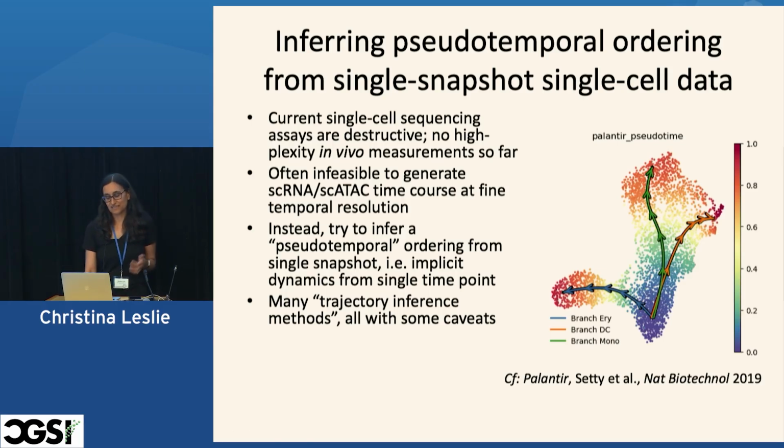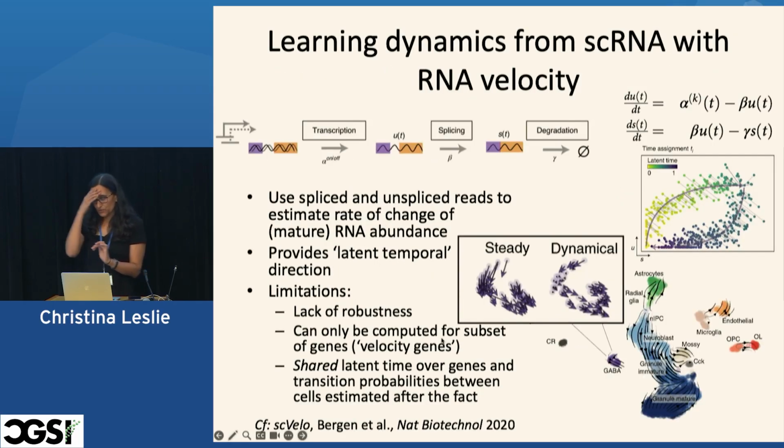And this is a method that I like from Dana Pe'er's lab called Palantir, which uses a Markov process on a graph and infers these trajectories. Okay, so we're trying to do a neural ODE version of trajectory inference that is good for multiome.